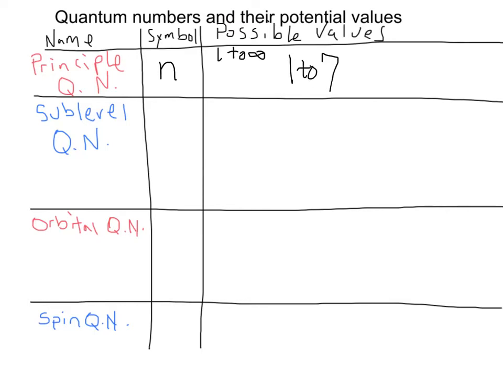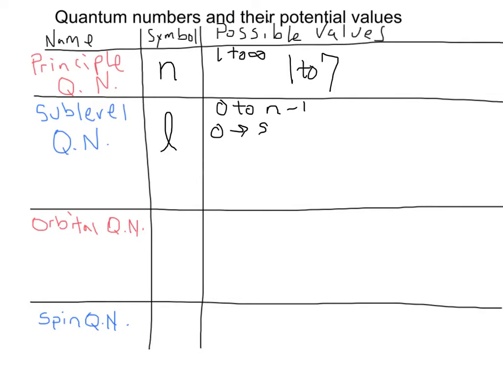All right, the next one is the sublevel quantum number. It has the symbol l, and its values are 0 to n minus 1. The 0 would stand for an s sublevel. So remember, that'd be the spherical orbital, stands for s.